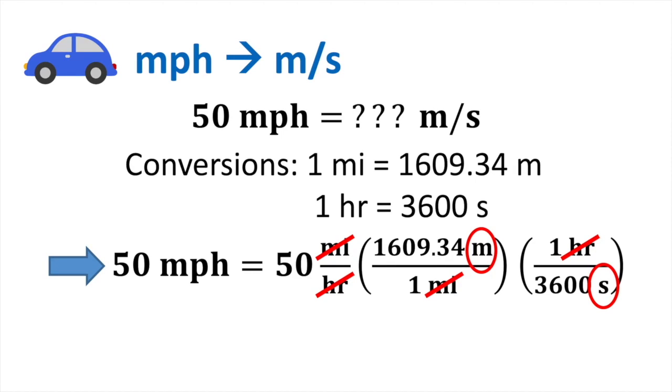So simplifying all of these numbers and units, we get 22.35 meters per second. This technique of stringing together unit conversion factors is what you will want to use anytime you convert more involved derived units like speed and weight, among others, because it helps you make sure that you have applied all the conversions that you need to.